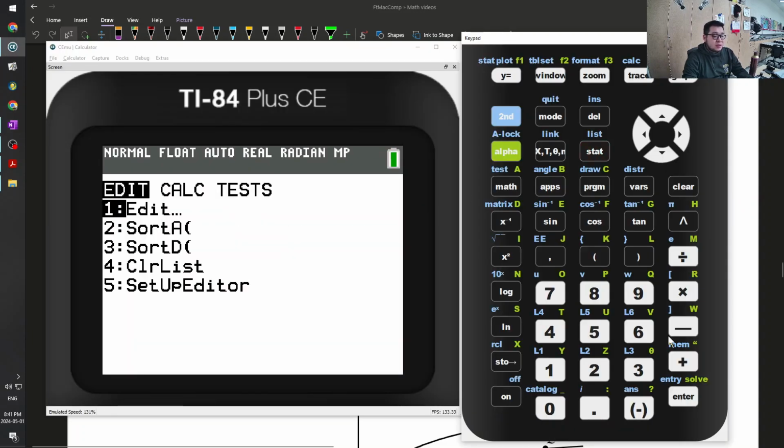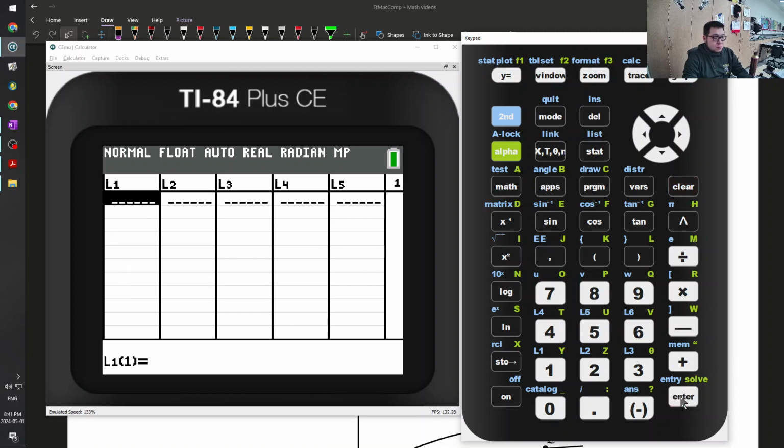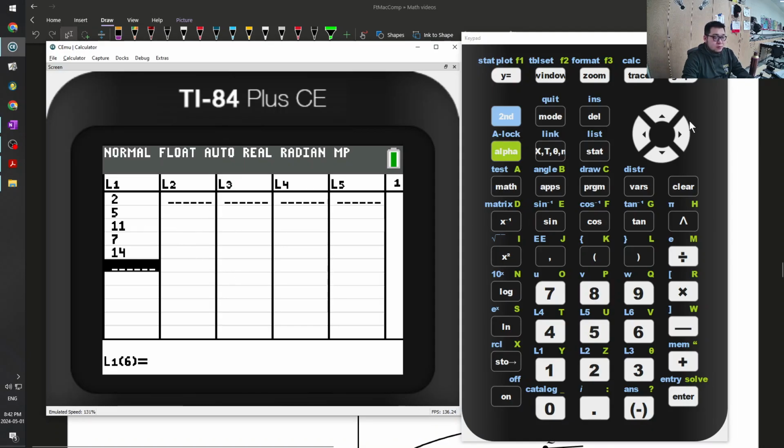So let's go to stat edit. 2, 5, 7, 11, 14.